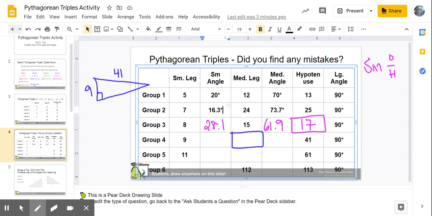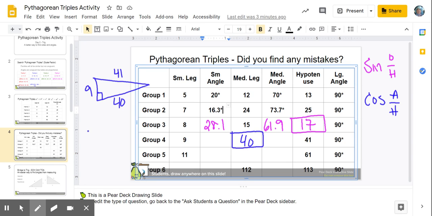It was 40. Okay. So we used sine before. Do we want to use cosine or tangent? Cosine. Okay. Cosine is A over H. Remember, so ka toa.